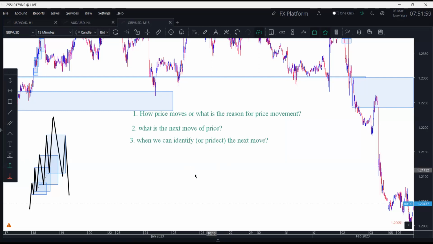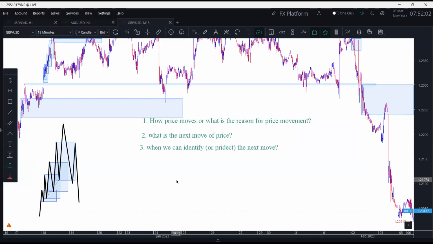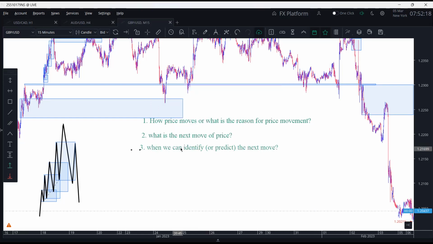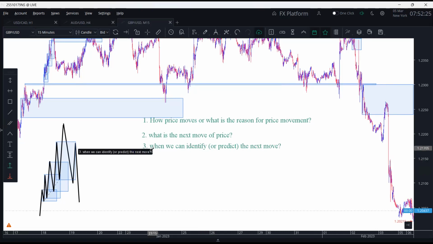We wait for a situation in order to identify it. Sorry, I made a mistake because I'm not a native speaker, it is usual, I have this kind of mistake, sorry. Well, the question is: when can we identify or predict the next move? We just want to know the next move.